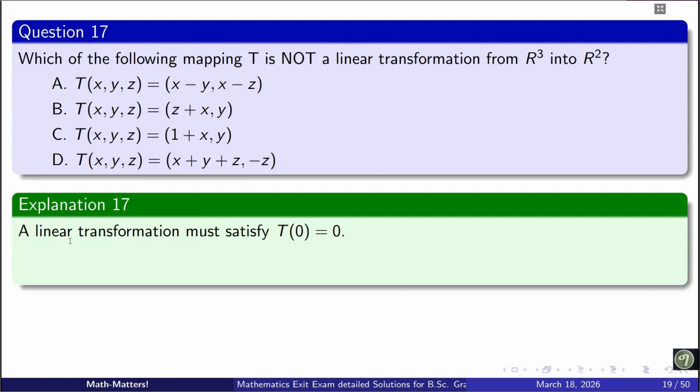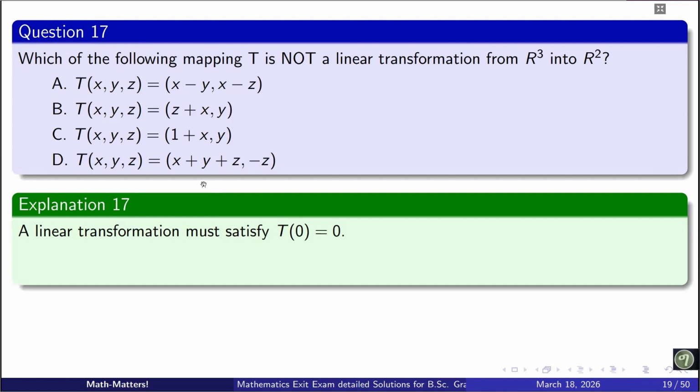A linear transformation must satisfy that the image of 0 under T must be 0. So when we check, for example, A here, T of 0, 0, 0 means, in R cubed, 0 minus 0, that is 0, and 0 minus 0, 0, so that T of 0, 0, 0 is identical with 0, 0, which is satisfied.